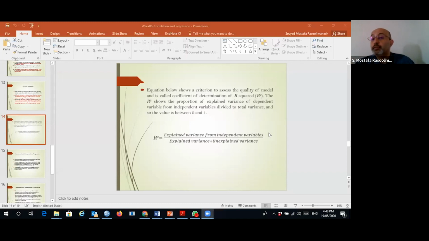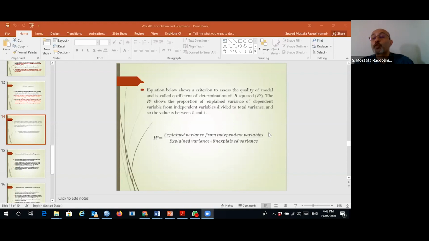But for marketing, based on Chin, the R square thresholds are: 0.19 is small and lower, between 0.19 and 0.45 is moderate, between 0.45 and 0.67 is moderate to substantial, and higher than 0.67 is high.